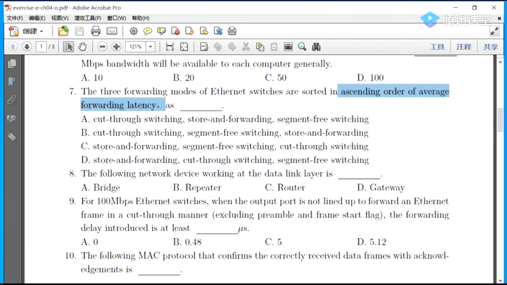That means which one has the least average forwarding latency? Which one has the longest forwarding latency?